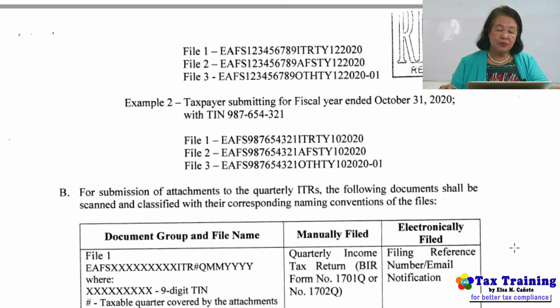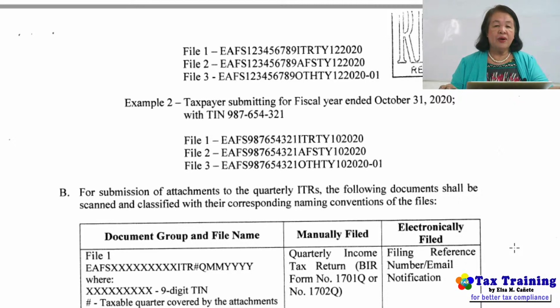So, for example, what we submitted is 2306. Then what we do is EAFS, then your TIN, and then the 2307, and then TY, the taxable year, the month ending. So, for example, if your taxable year is December 2020, you put there TY 12-2020.